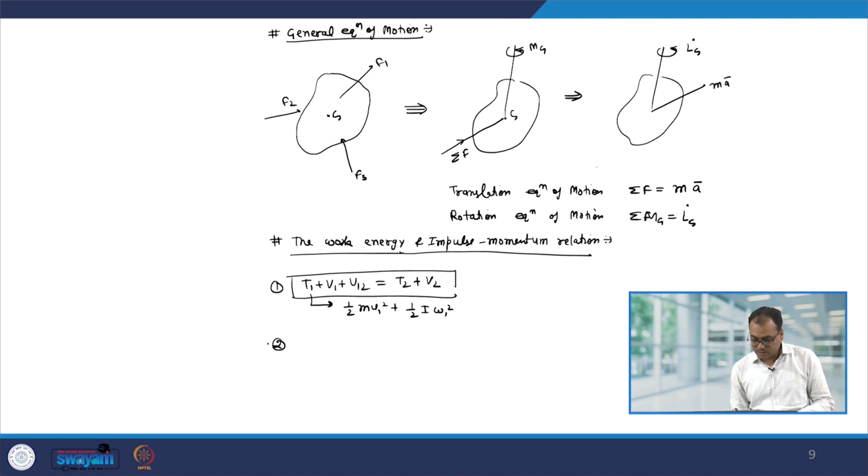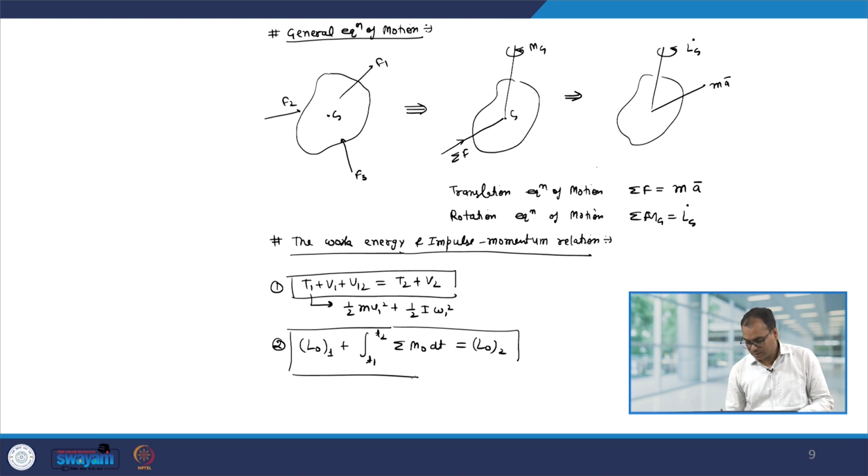And the impulse momentum equation was L naught 1 plus integral T1 to T2 summation M naught dt equal to L naught 2. Here L naught 1 is the initial angular momentum and integral M dt was the external angular impulse, and L naught 2 is the final angular momentum.